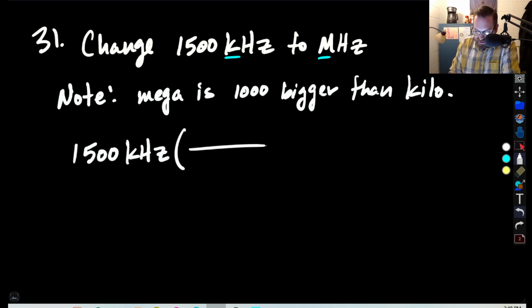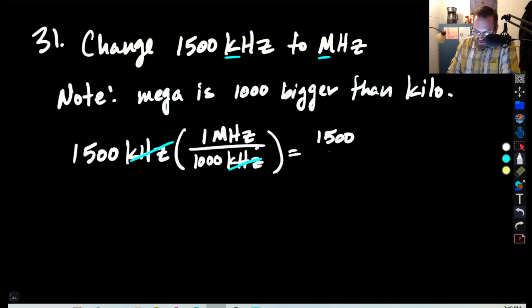I'm going to do my unit conversion here. I know that 1 megahertz is going to be the same thing as 1,000 kilohertz because of that difference, the conversion factor. And as a result, what you see here is that the kilohertz are going to cancel each other out, and I'm going to be left with 1,500 divided by 1,000.